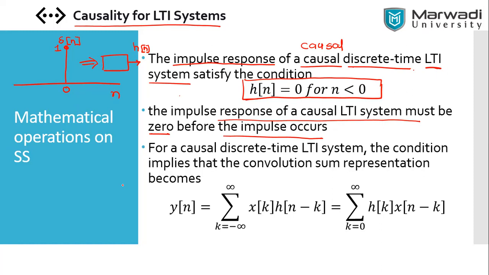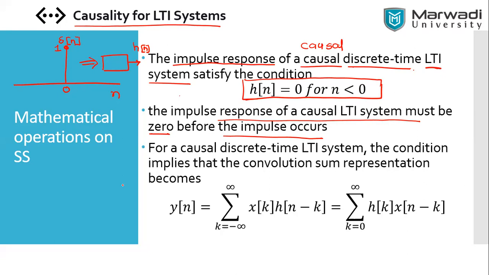Fine. So that means the impulse response of a causal LTI system. I'm talking about causal LTI, that means all physical systems. By the way, let me rephrase. All physical systems are causal in nature. Right? This is what we studied in chapter number 1, unit number 1. That all physical systems, that means systems that exist in this world, they are causal in nature. Right?